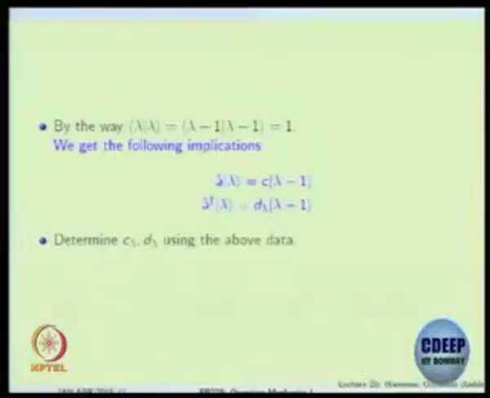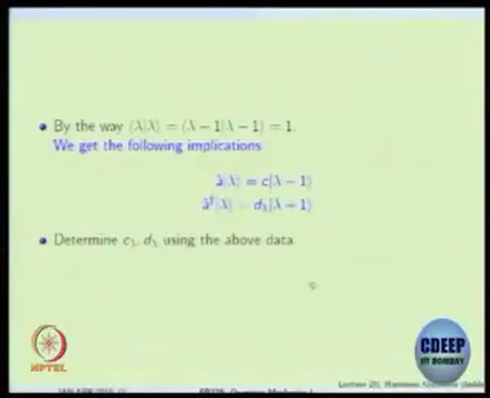There are a couple of things which you should keep in mind. These eigenstates are all normalized. These are eigenstates of the number operator, so we will have them normalized. There should be a subscript lambda that is missing here. A on lambda is C lambda times lambda minus 1.